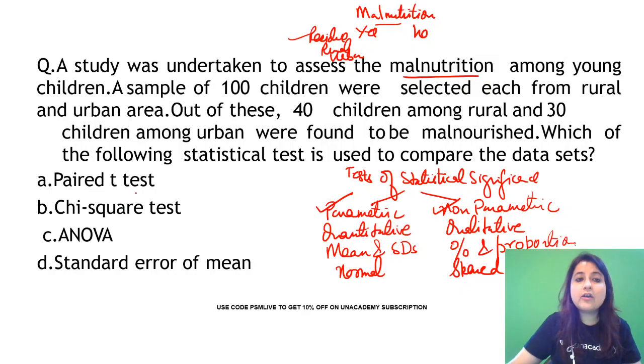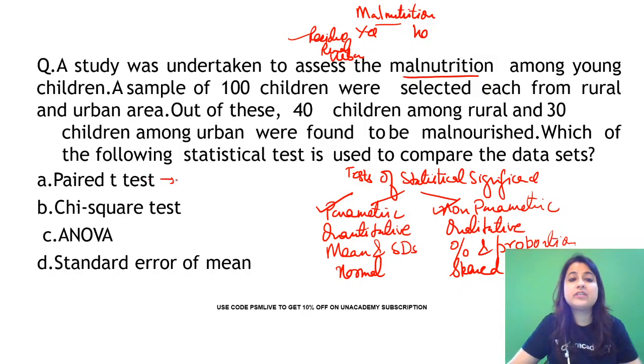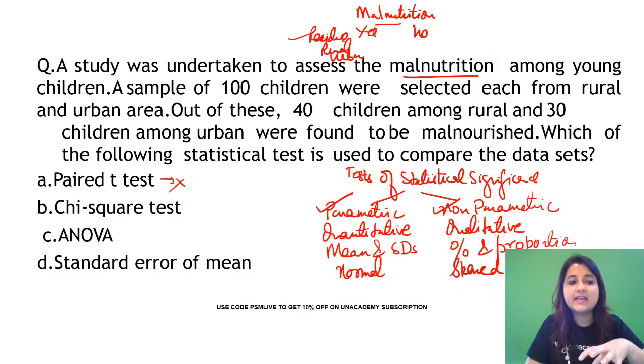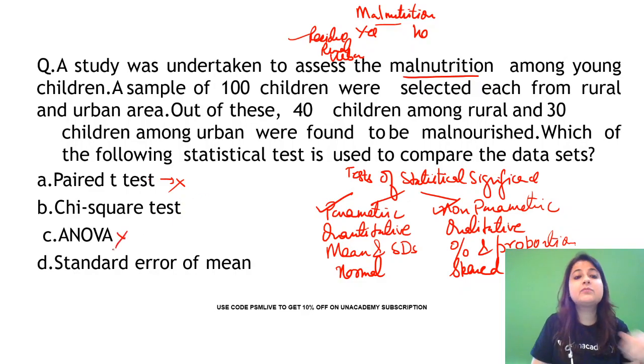So now look at the options. Paired t-test is a parametric test, so this is out of the options; it compares means and SDs in one group before and after treatment, like mean hemoglobin in a group of dengue patients before and after treatment. ANOVA is for more than two groups, while unpaired t-test is for means and SDs between two groups.